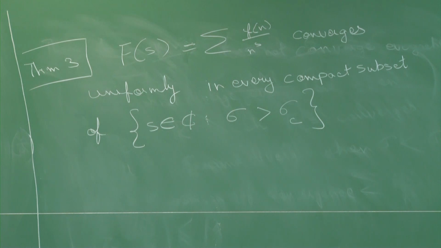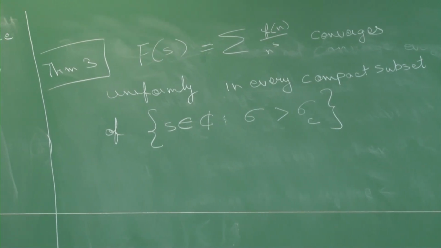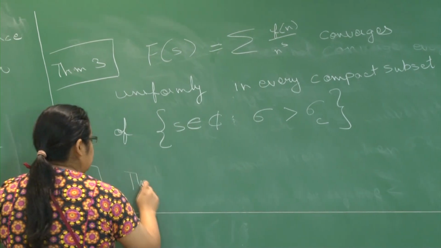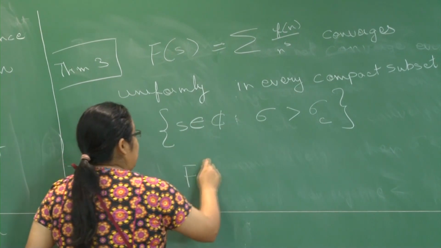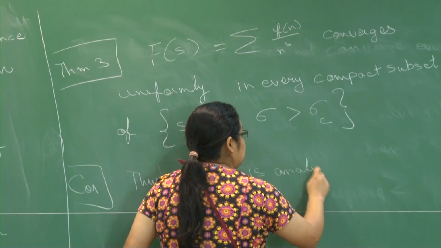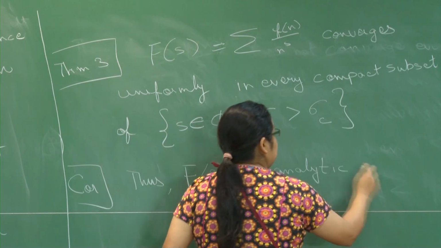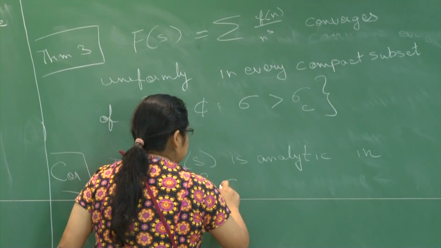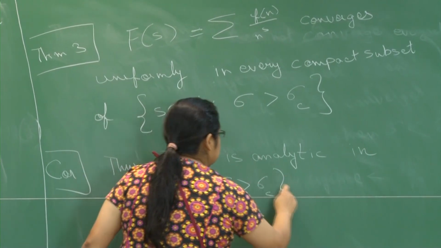Once you prove theorem 3, what does it imply? By lemma 2, it will immediately imply that the Dirichlet series therefore is an analytic function in the region of its convergence. So corollary: thus capital F of s is analytic in the region sigma greater than sigma c.